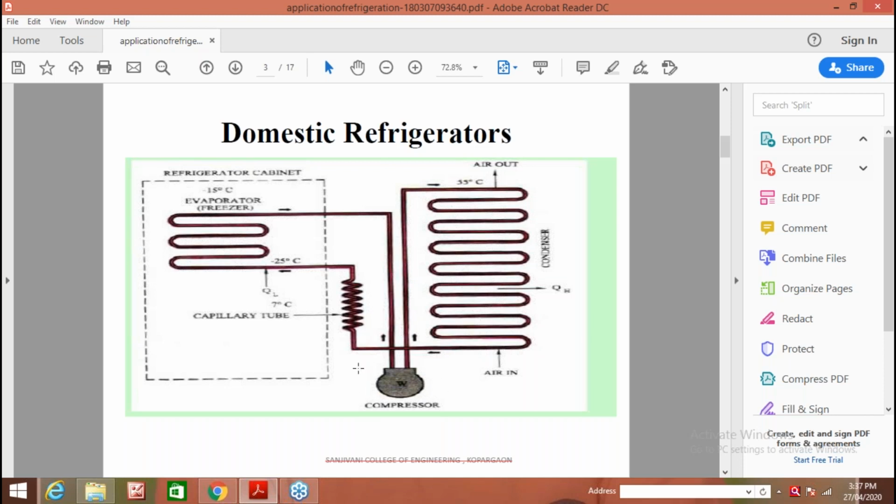So the electric motor and compressor are placed in one sealed unit. What is the advantage of this seal? The noise of the motor will not get out, so it becomes a noiseless operation. At the same time, whatever refrigerant is going for condensation will first pass through this motor, so the motor also becomes cool, and no further cooling of the motor is required.